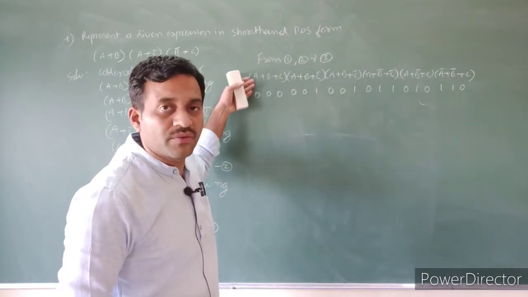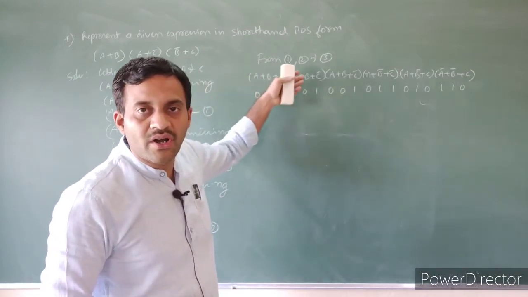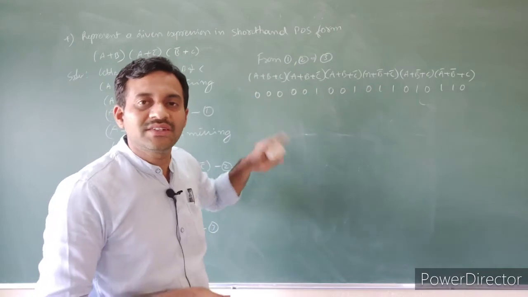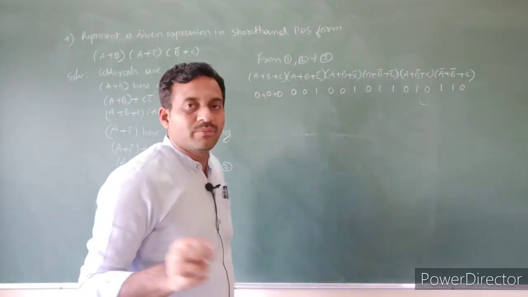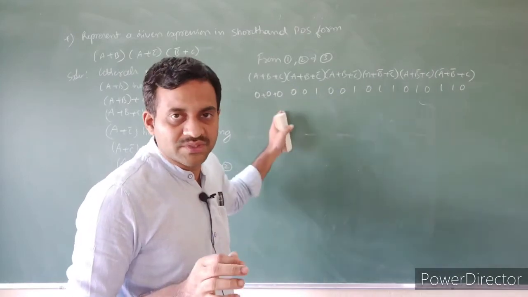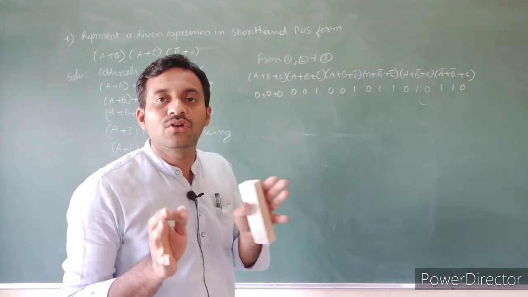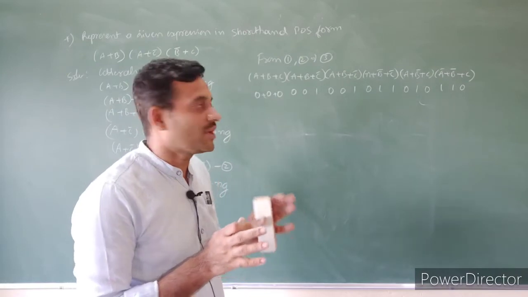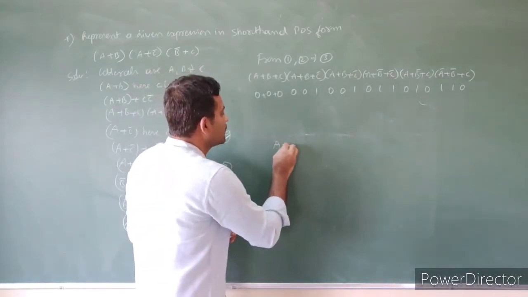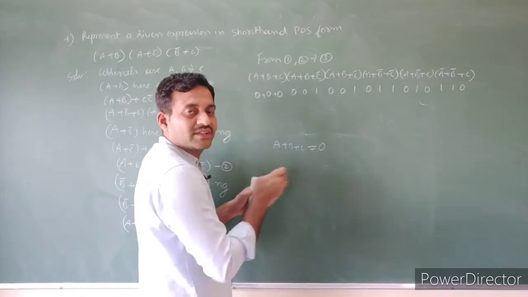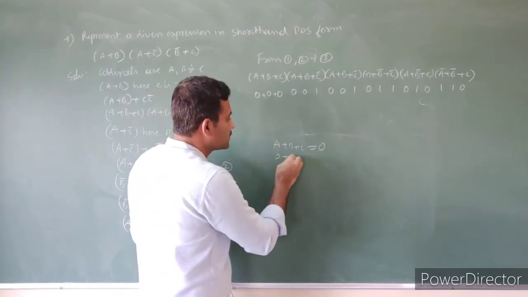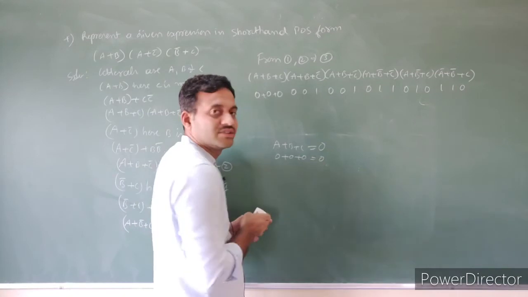How to write the binary equivalent? For the non-barred variable, write 0. For the barred variable, write 1. Why is it like this? Because here there is a plus. The sum terms are always equal to 0. That is, A plus B plus C is always equal to 0. If it is 0 plus 0 plus 0, then it is equal to 0.